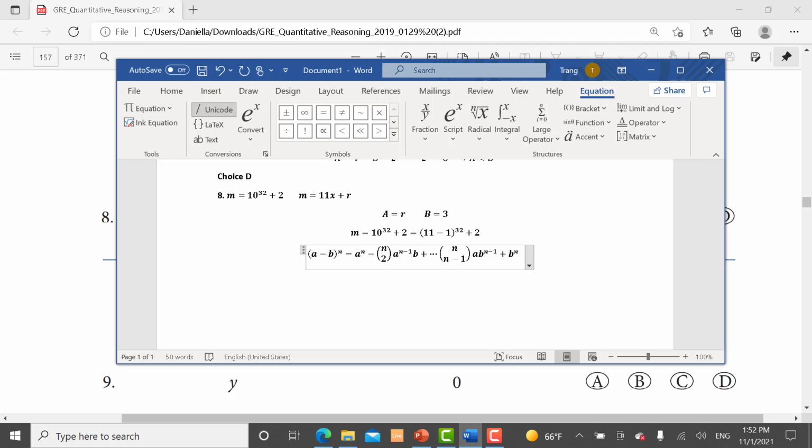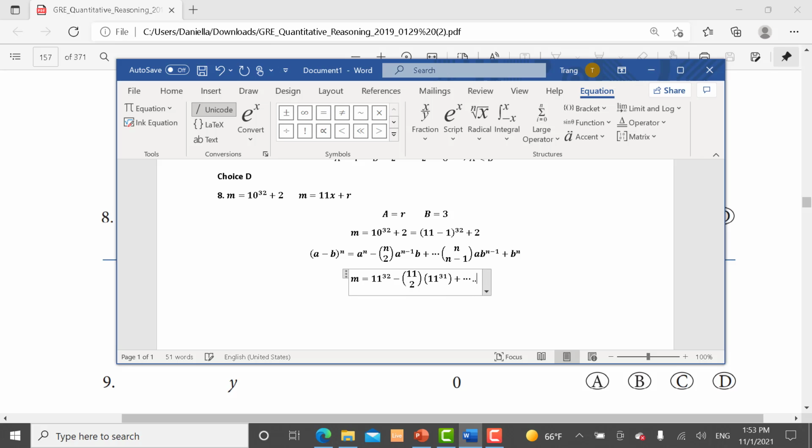So now we are going to apply this formula to m. So we have m is equal to, for 11 minus 1 to the 32, 11 to the 32 minus 11 choose 2 times 11 to the 31 times 1, 1 you don't have to write down.